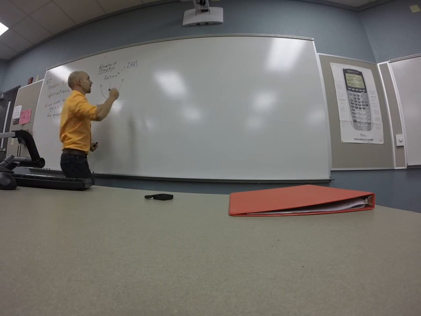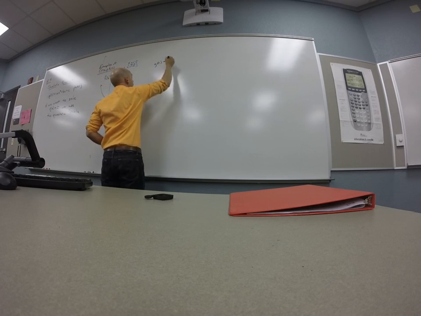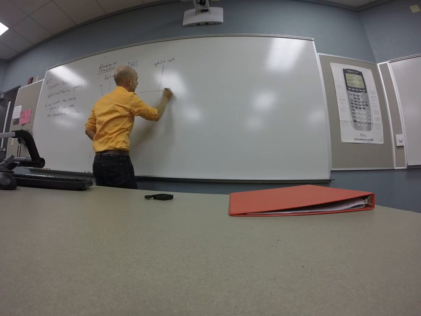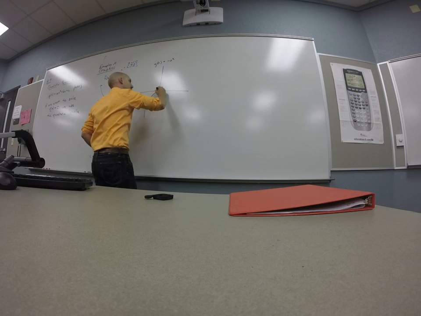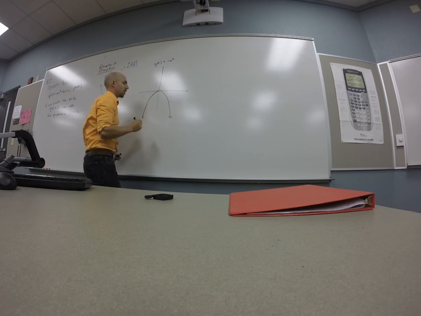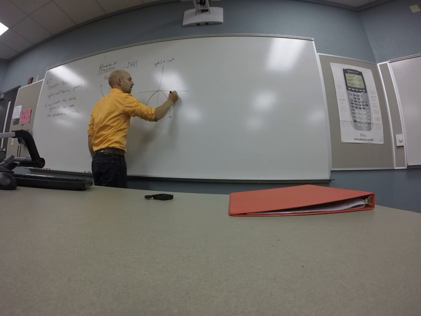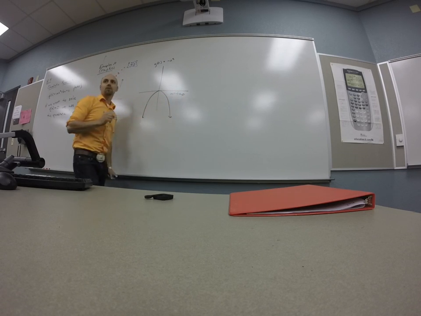If I had a different picture, like say g of x was minus x squared, this one looks like a parabola pointed downwards. How do I know it's pointed downwards? What's the A for this one? Negative 1, which is less than 0. Okay.